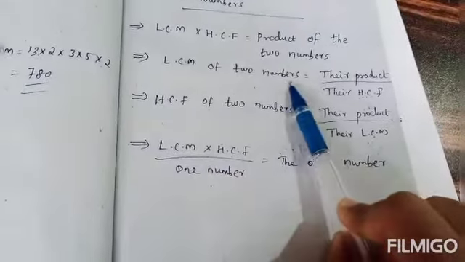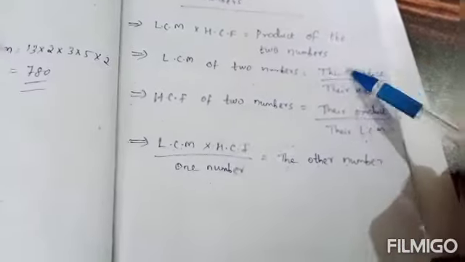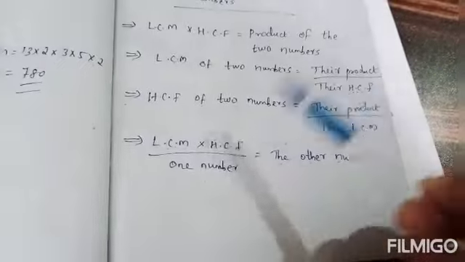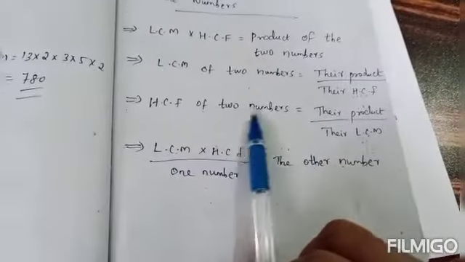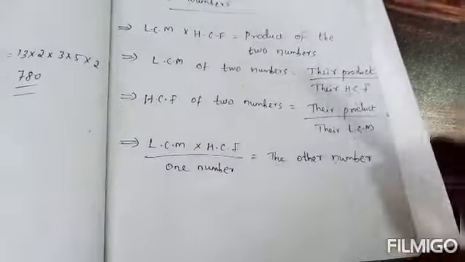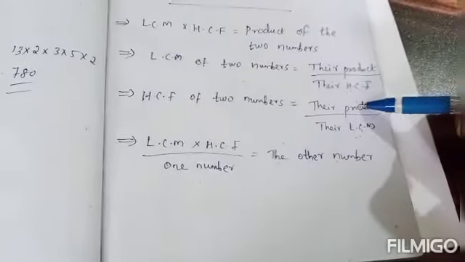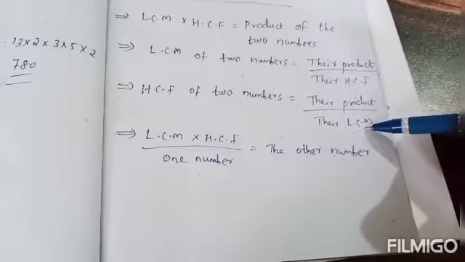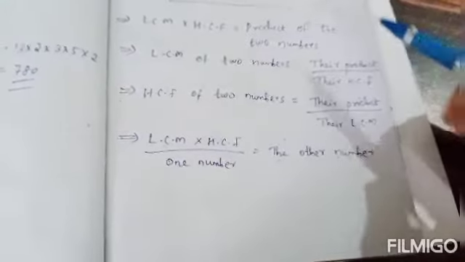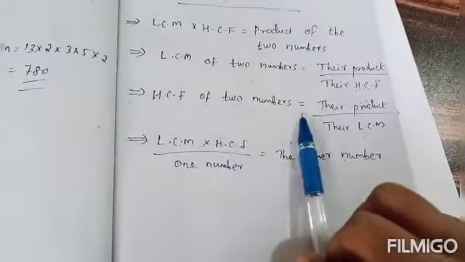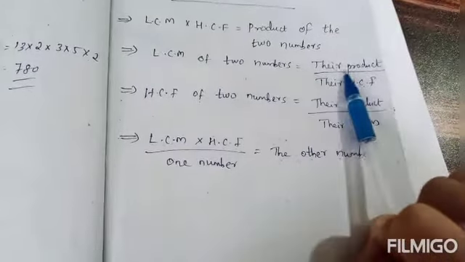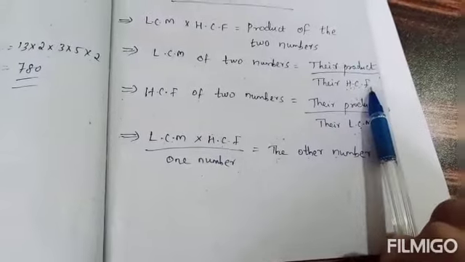Similarly, HCF of two numbers you can find by this formula, that is their product by their LCM. So HCF of two numbers equal to their product by their LCM. LCM of two numbers equal to their product by their HCF.